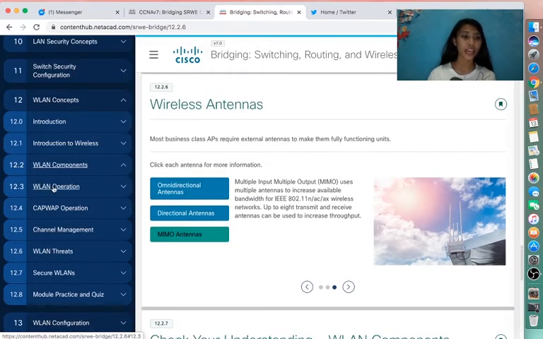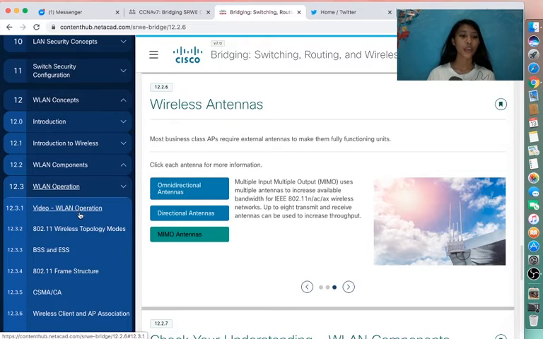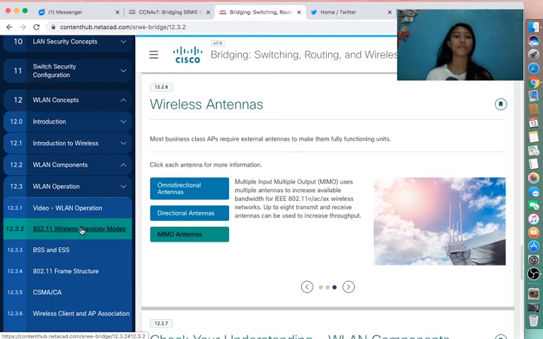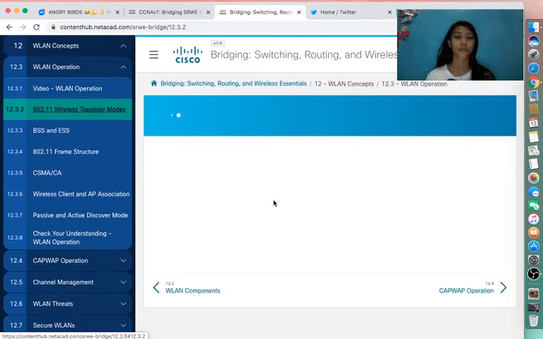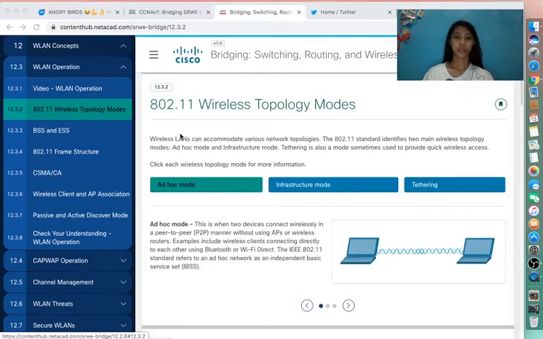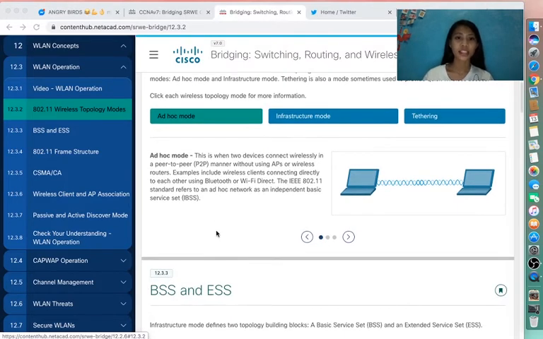For our LAN operation, we have our 802.11 wireless topology modes: ad hoc mode, infrastructure mode, and tethering. Ad hoc mode is when two devices connect wirelessly in a peer-to-peer manner without using APs or wireless routers.